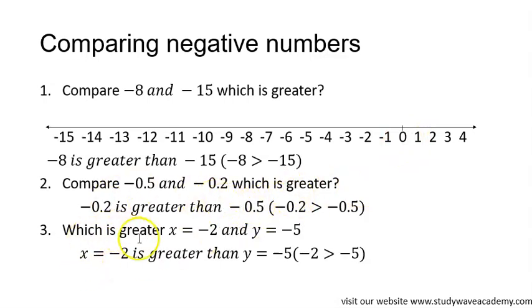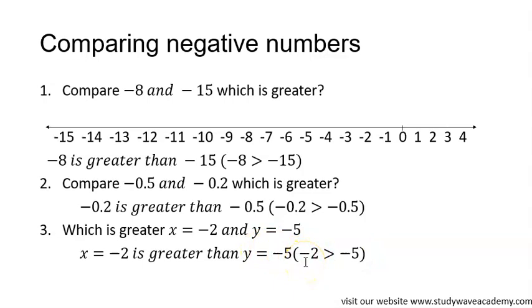Okay, which is greater? x is equal to -2 and y is equal to -5. This is where -5 is and this is where -2 is. Which is closer to 0? -2, right? So -2 is greater than -5. So x, which is equal to -2, is greater than y, which is equal to -5, okay? -5 is less than -2.